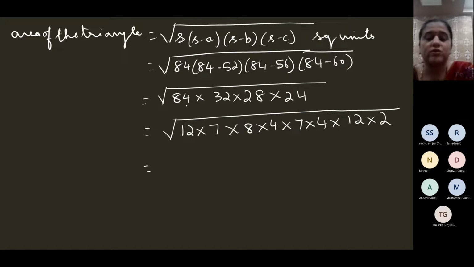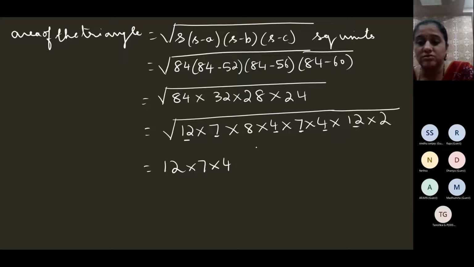So I've written 84 as 12 sevens are 84, 32 as 8 fours are 32, 28 as 7 fours are 28, and 24 as 12 twos are 24. So you can see there are two 12s, so one 12 comes out. Two sevens, one 7 out. Then there are two fours, so one 4 out.